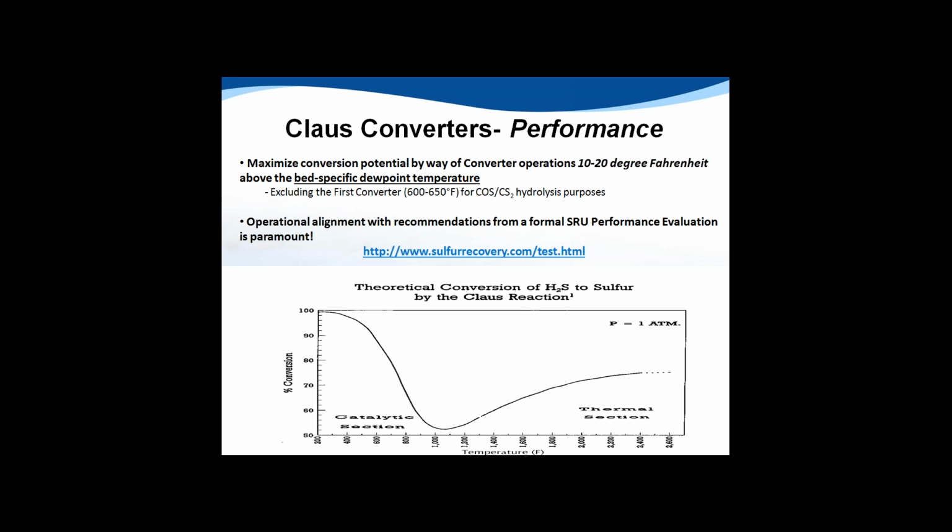When we are on site, not all, but many facilities, for whatever reason, seem to operate their reactors, at least downstream of the first converter, on the hot side, and that does not best promote the Claus reaction.